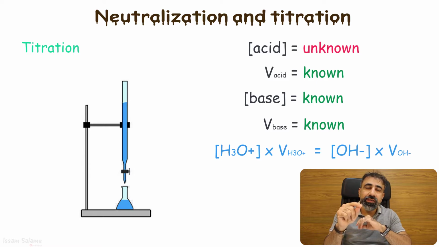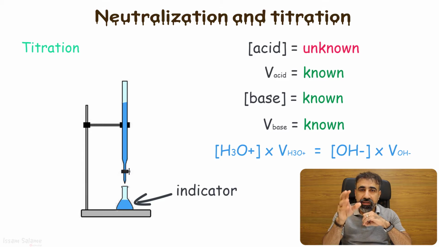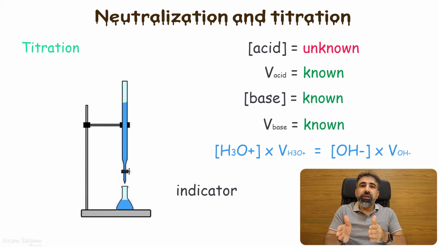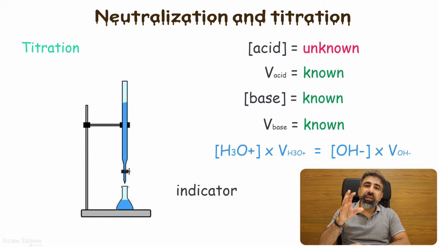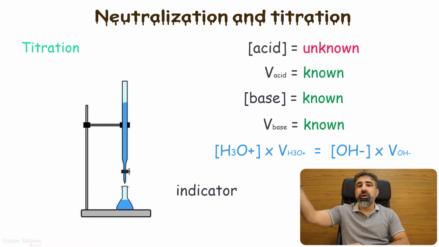But the question is, how do we know that we have reached the equivalence point? Here we have to use an indicator. An indicator is a substance that gives different colors with acids and bases. Since we have different indicators and different colors, I'm going to explain how to use the right indicator with our experiment in another video.